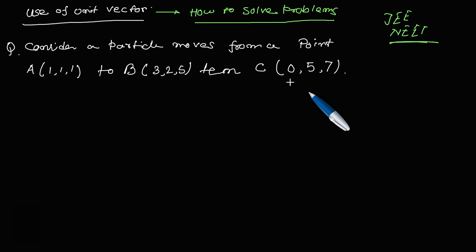What we have to find is vector AB, vector BA and vector AC. We have to find them.